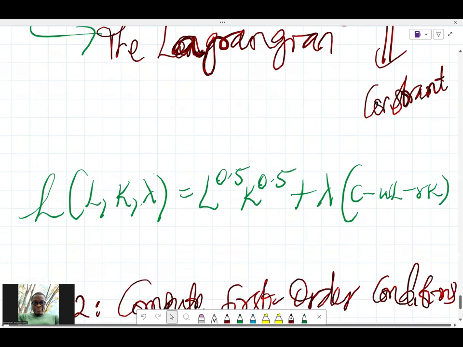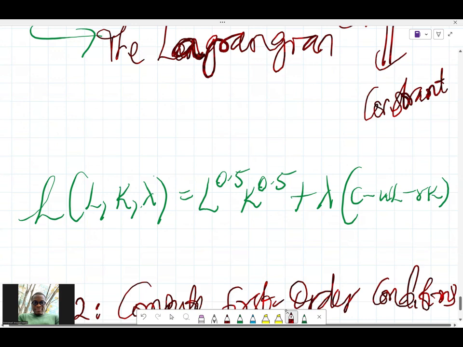So look at this now. There are 3 variables, L, K, and the Lagrange multiplier. So we differentiate partially with each of them.